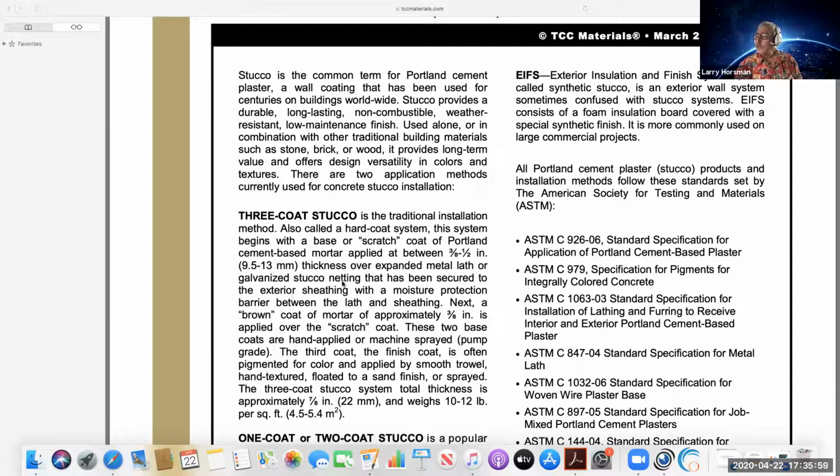We've got the scratch coat and then the brown coat. If you look under the 3-coat scratch coat, it's 3/8 to 1/2 inch. Again, that can be either sprayed or troweled on. They then rake that to set up a bunch of little grooves. That acts as an interlock for the material that gets put over it.